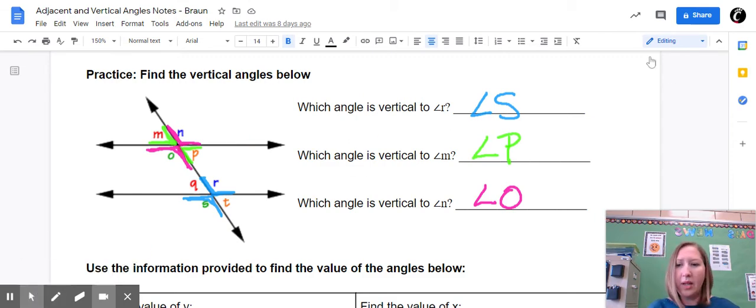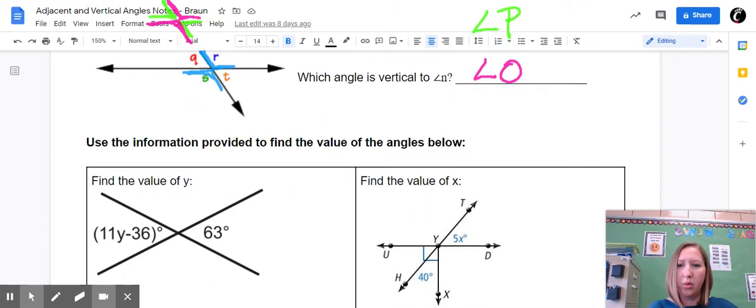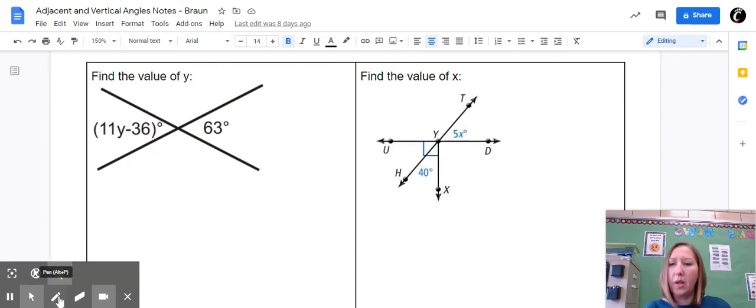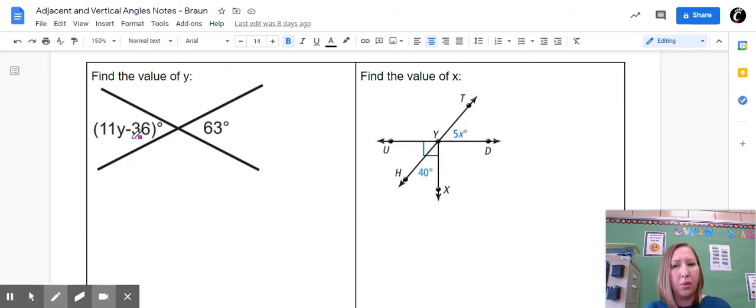So as we keep looking, we're going to do a little more practice. We're going to use, again, some algebra to figure out these missing values. So when we want to solve for y here, we have 11y minus 36 on this side, and we have 63 degrees over here.